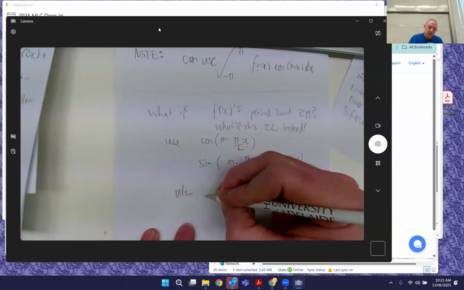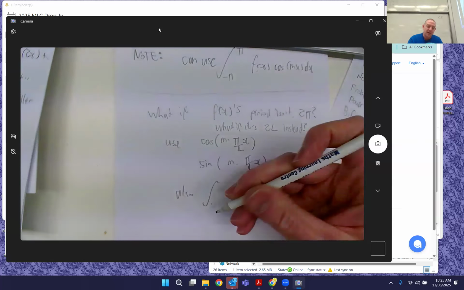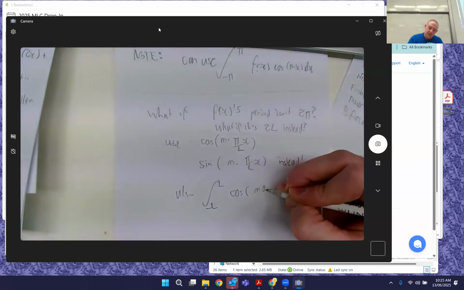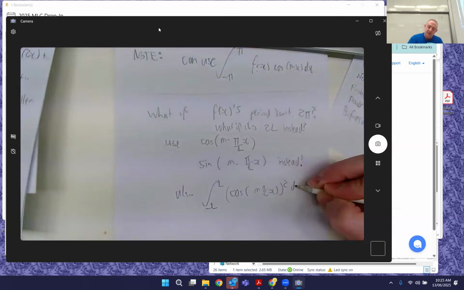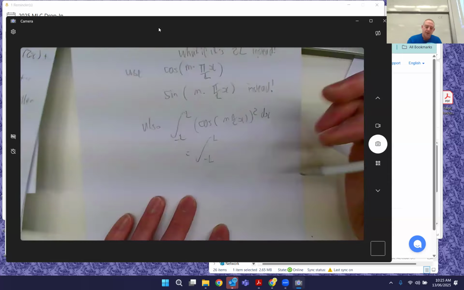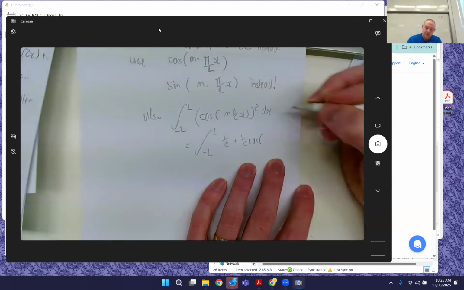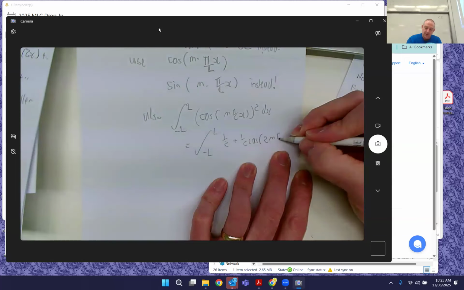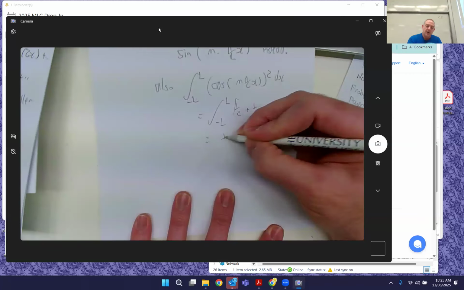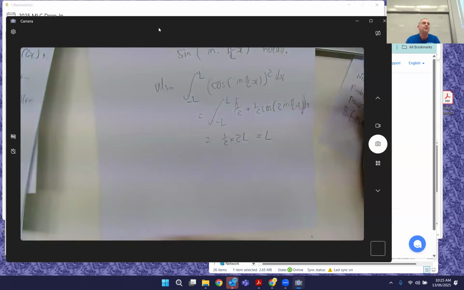And also the integral from minus L to plus L of cos of m pi on L x squared dx will be the integral from minus L to plus L of a half plus a half of cos of 2m pi on L x dx, which will come out to a half high and 2L wide, which is L this time.